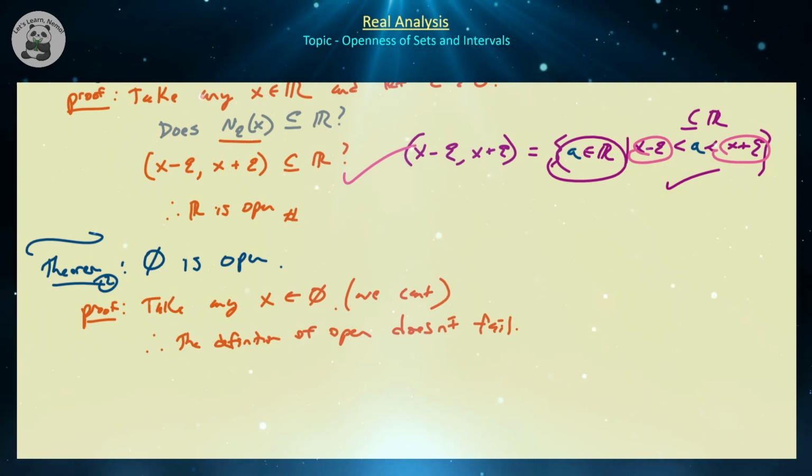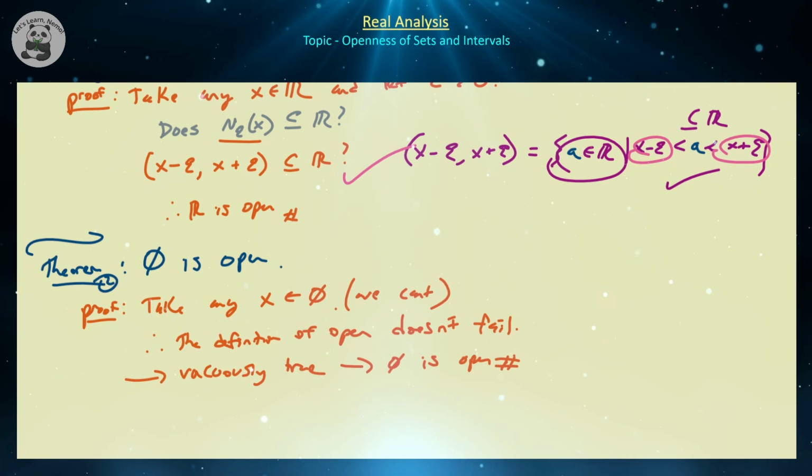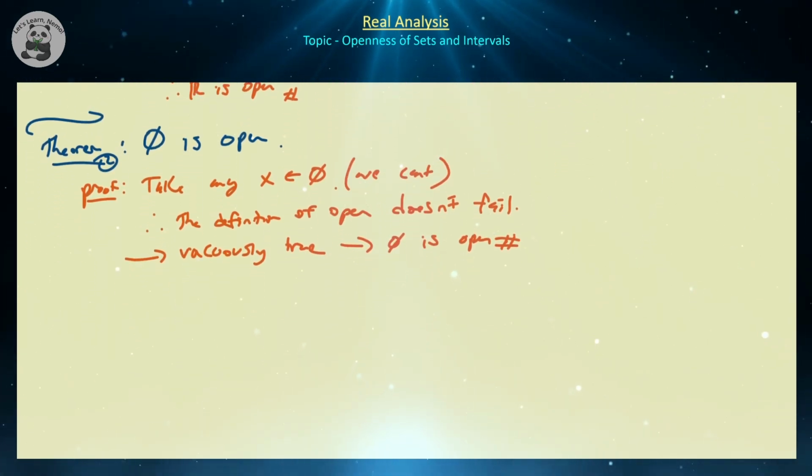So since the definition of open does not fail, this statement that the empty set is open is vacuously true. And if that is vacuously true, then we have that the empty set is an open set. So it's a very subtly awkward statement, but it is technically true by definition and logic.